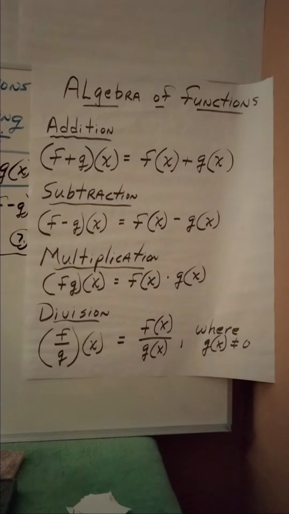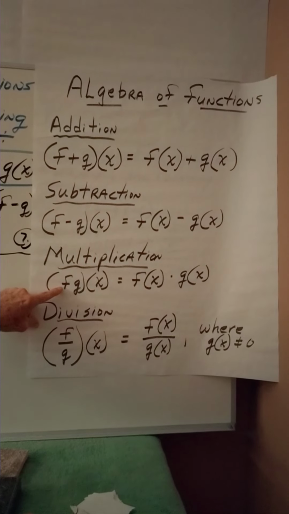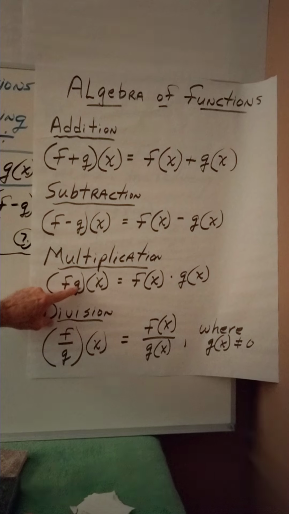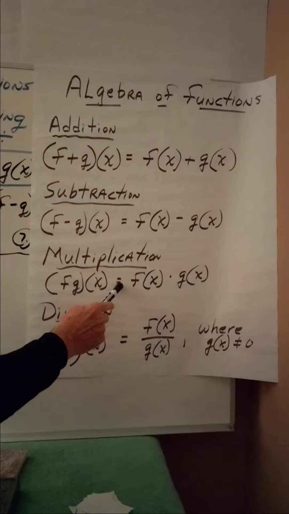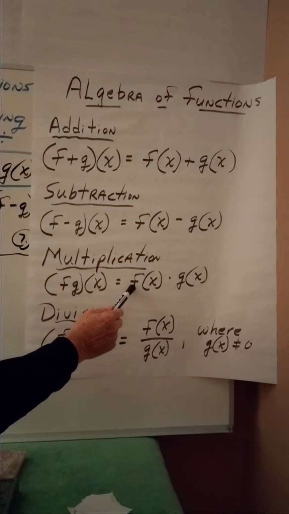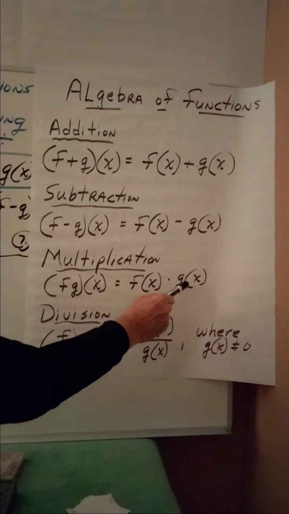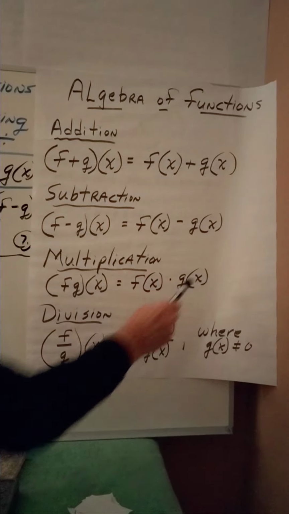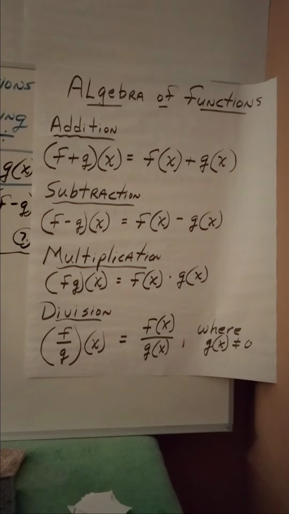The multiplication rule. The value of function f multiplied by function g when the domain is x is equal to the value of f when the domain is x multiplied by the value of g when the domain is x. And then the division one.